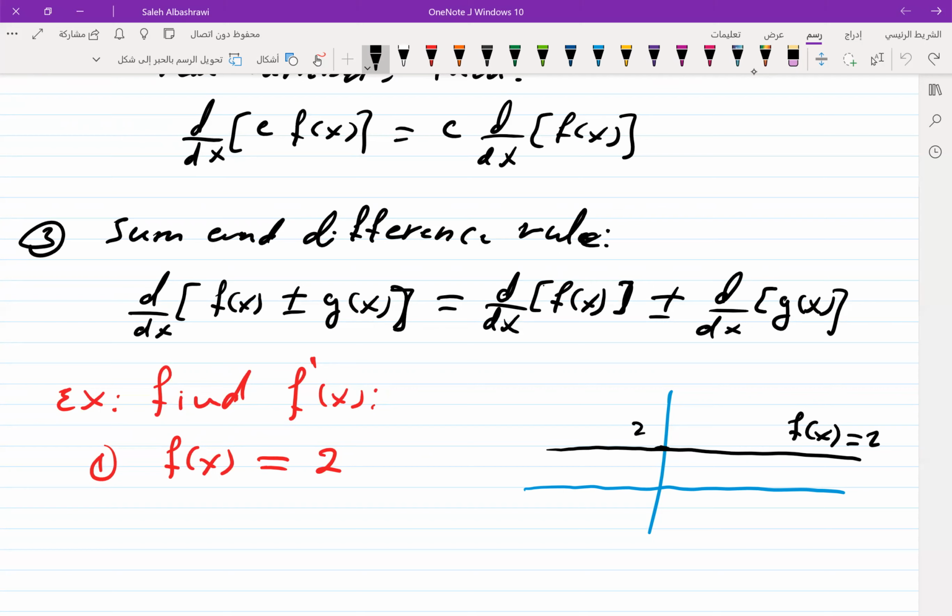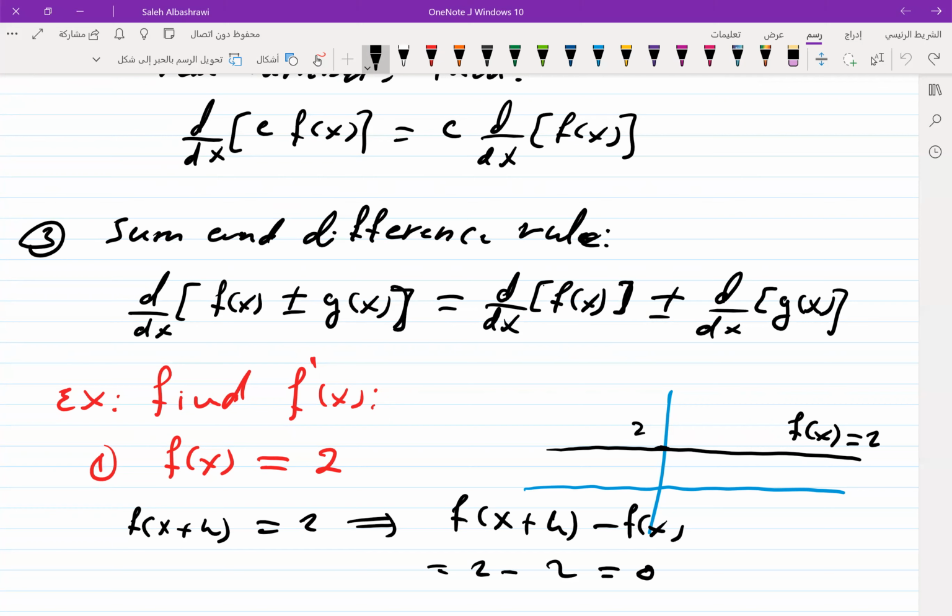If I want to find the derivative using the definition, f of x plus h in this case is equal to 2. So f of x plus h minus f of x is equal to 2 minus 2, which is equal to 0. The limit of 0 is equal to 0. So if we apply the definition, I will have 0.